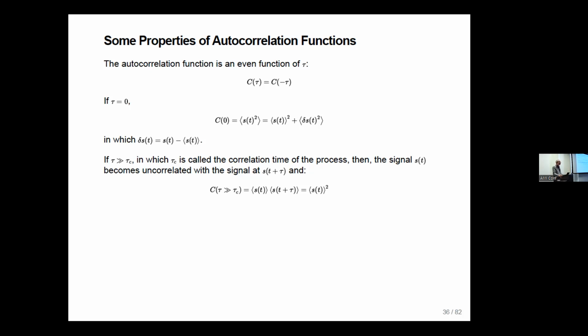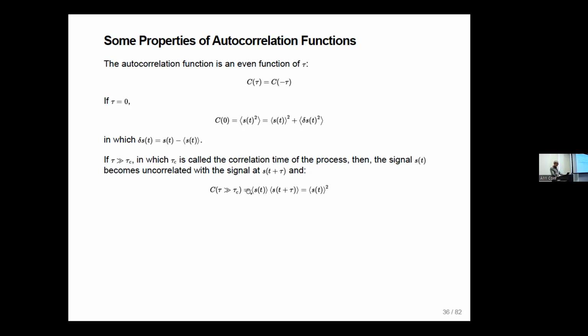We've lost all memory of the initial state, and the time over which we lose that memory is the correlation time, qualitatively speaking. And again, for us, that would be something like the rotational correlation time.